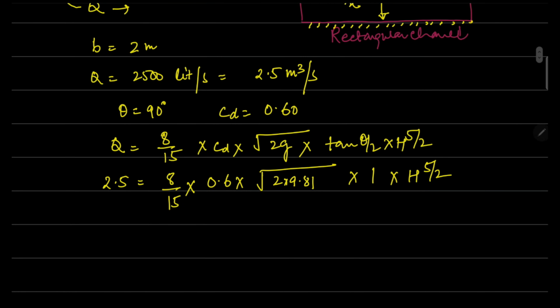Another important thing is that this particular value you will require many times once you are solving the weir notch problems, and this value usually comes out to be 4.429. So for your ease, you can remember this value, so every time you need not take the root of 2 multiplied by 9.81.